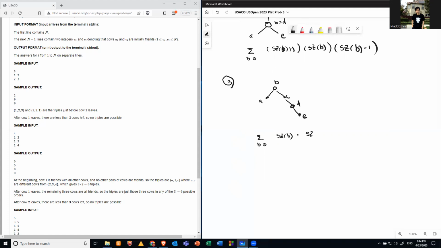Let's call it size 2 of B. Size 2 of B is how many of those white dot, relationship dots, which are two distance away from this, right? Because you could have something like this, right? So you could have something like this, okay? So then you just add 1 plus 2 plus 3, right? Each of those cases.